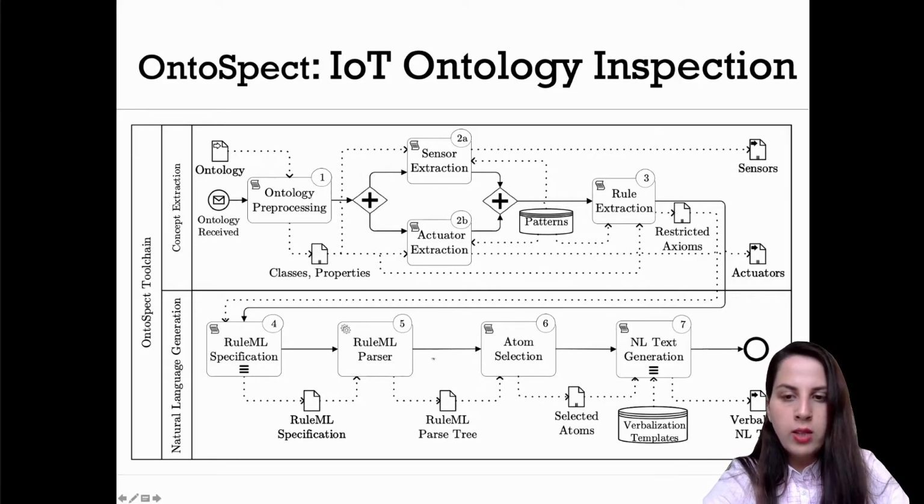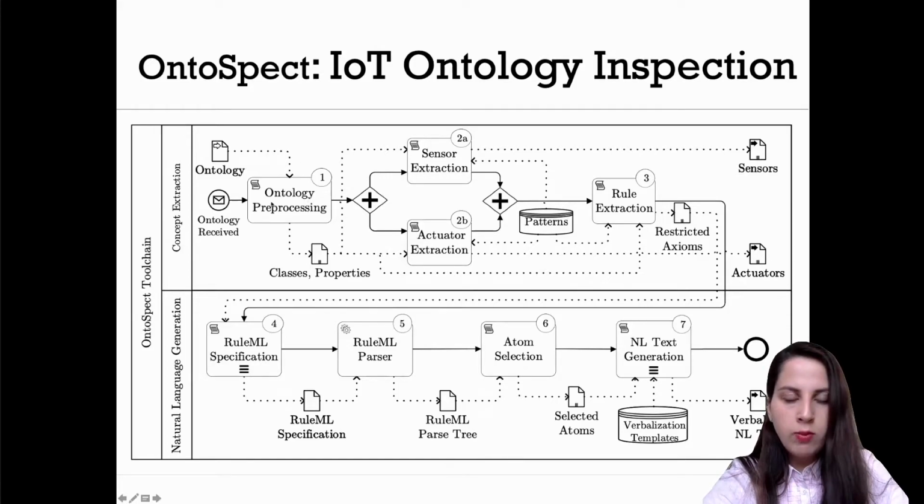Then the natural language generation transforms the extracted knowledge into human understandable natural language descriptions according to a generative model to text approach. In the next slides, we will see a detailed explanation of each of these steps.